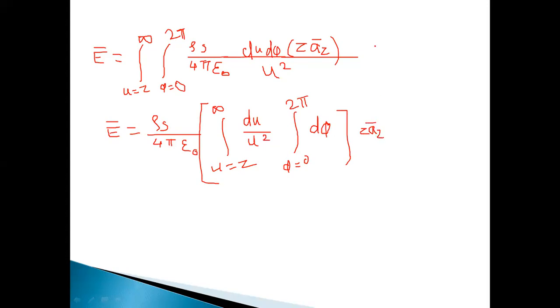Now do you understand? I just separated the terms: the du upon u square term and the d phi term. So it is equal to rho s divided by 4 pi epsilon 0.